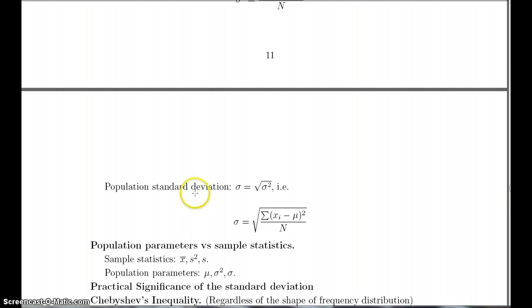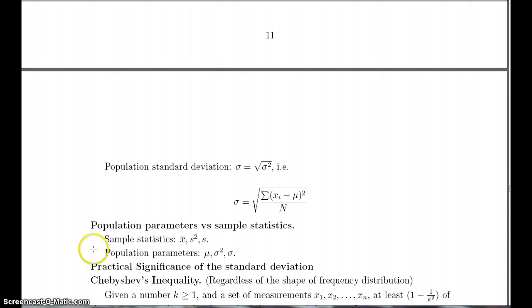A few reminders of what we do in this class, because we are interested in population parameters. Most often the population is extremely large, so we pick a sample that represents the population. We haven't talked about what it means to represent the population, except briefly to say the sample is random.